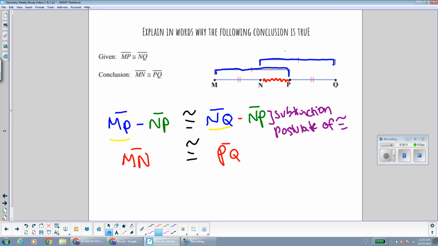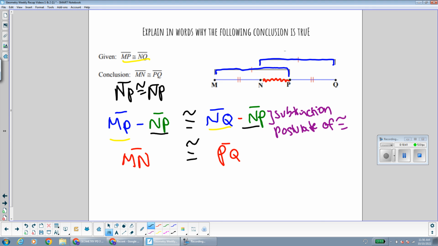So remember, to use addition or subtraction, you have to be starting with two congruent things. And we do know MP and NQ are congruent because that was given. And from each of those two congruent things, we need to make sure what we're subtracting is also congruent. Is NP congruent to NP? It seems like the answer would be yes, but it's not given to us. So we actually need to write that down. And we need to put a justification for that.